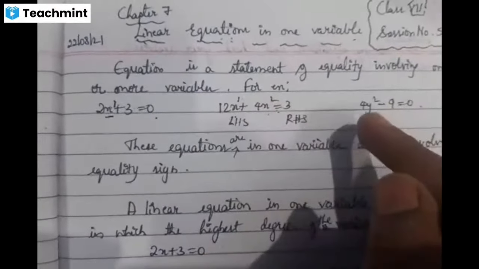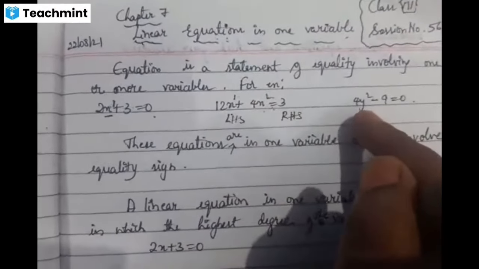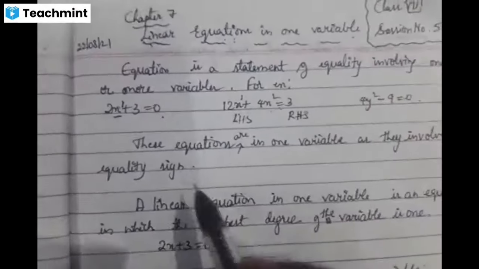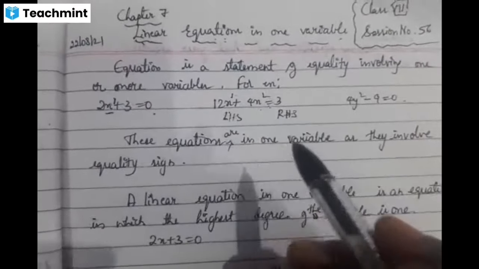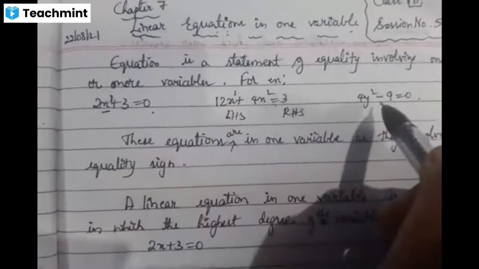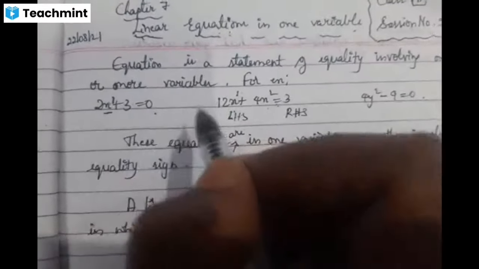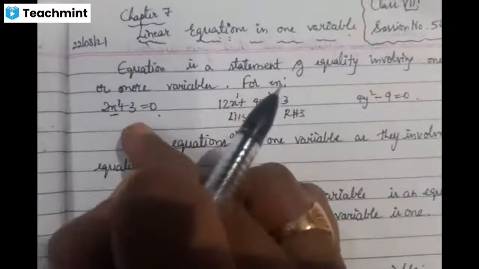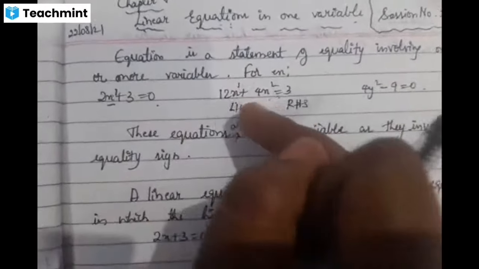Here you have in this equation the y variable and its power is 2. These equations are in one variable, and as they involve the equality sign, these are called equations, children. So an equation means a statement having the equality sign, having one or more variables.